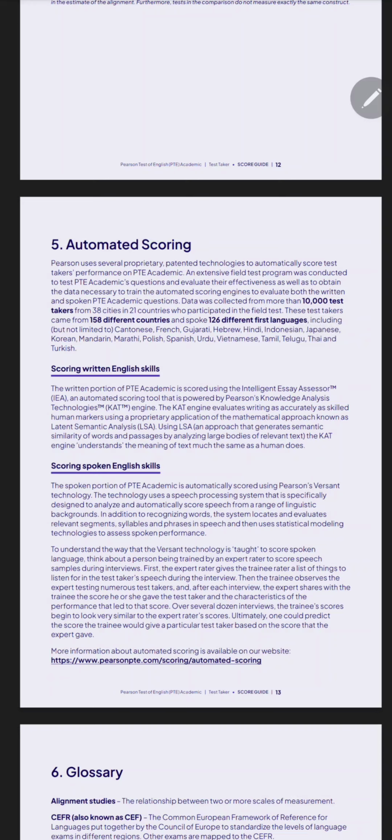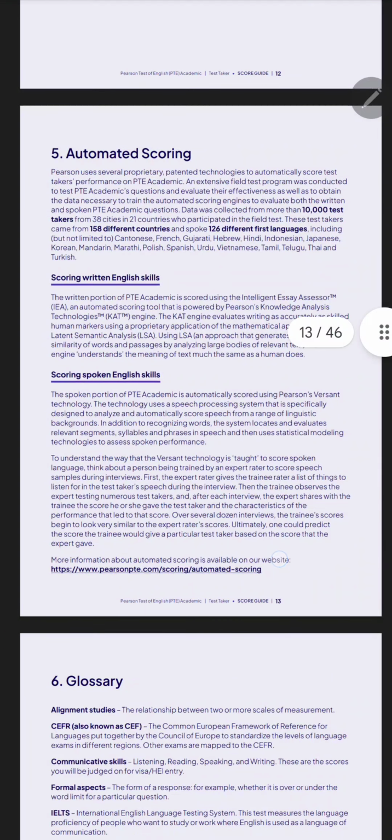I'm sorry, I'm still in the mood of learning Japanese, so it should be IEA, an automated scoring tool that is powered by Pearson's Knowledge Analysis Technologies, KAT, like the KAT engine. The KAT engine evaluates writing as accurately as skilled human markers, and so on. Oh my god, too many details.